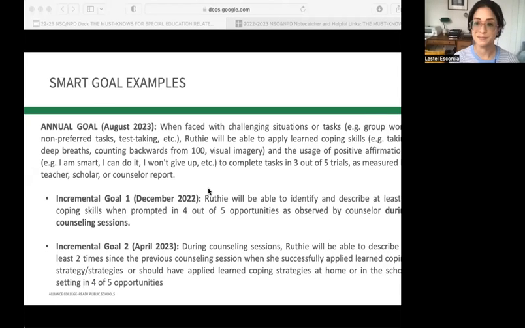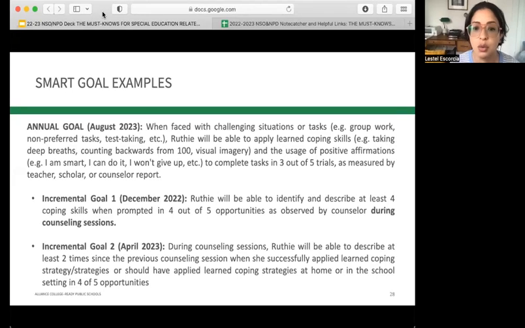So when we're looking at the annual goal, if we're meeting in August 2022 for this IEP and reviewing what the annual goal is going to be, we're going to want to meet in August 2023. The annual goal is what we want to meet a year from now. And so the incremental goals are what are going to get us to the student meeting the annual goal.